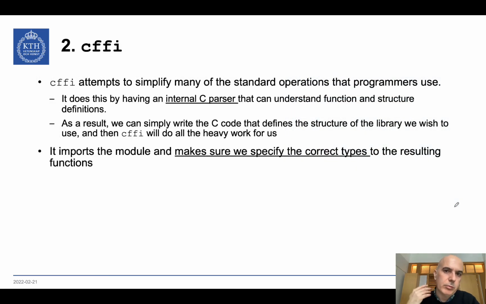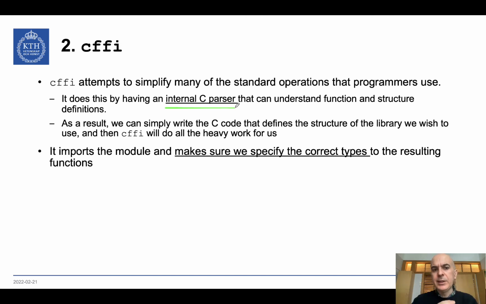So this is one approach, very common, but also a little bit difficult. In order to simplify ctypes, CFFI was introduced. CFFI attempts to simplify many of the standard operations that the programmer uses. If you install and compile it, you will see that it installs internal C parsers that can understand the function and the structure definition.